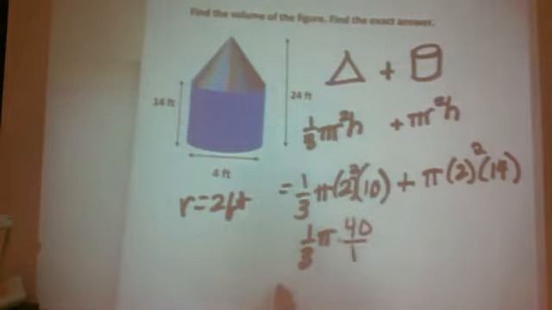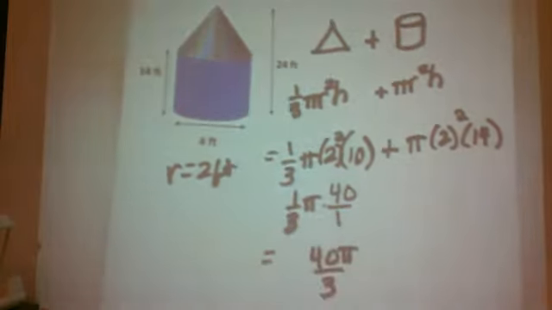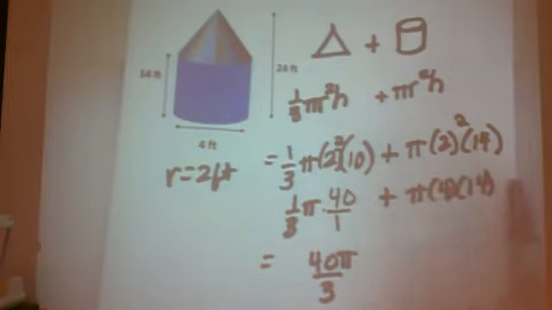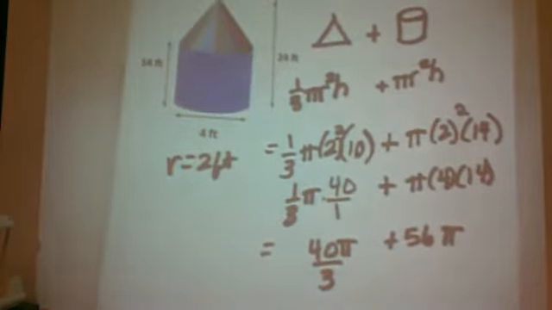So if I multiply and simplify that, I end up with 40 pi over 3. Plus, for the second one, I'm going to have pi times 4 times 14, which is 56. So this would be an exact answer, and everything was in feet.